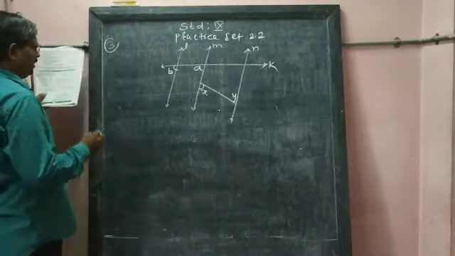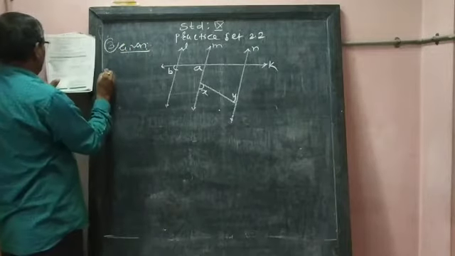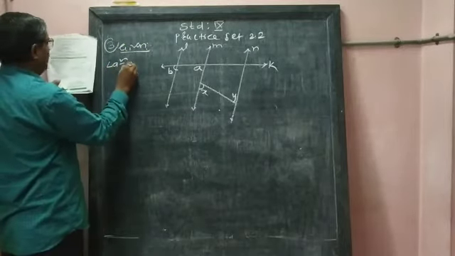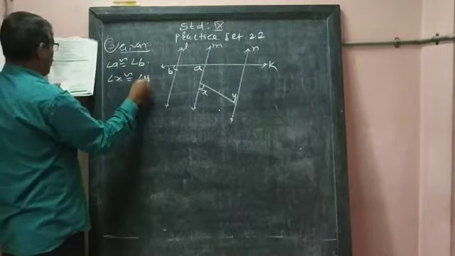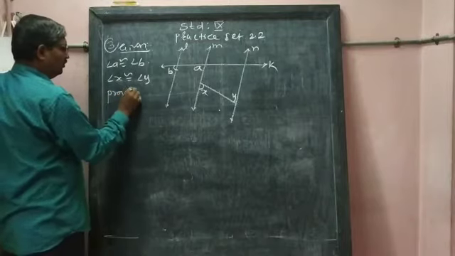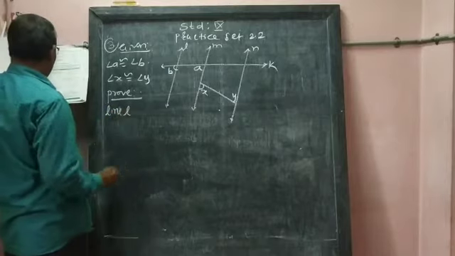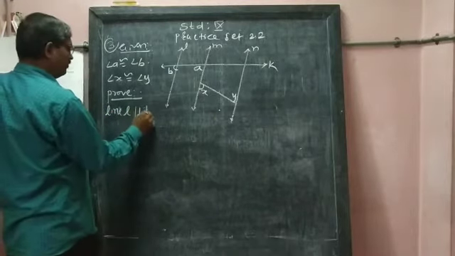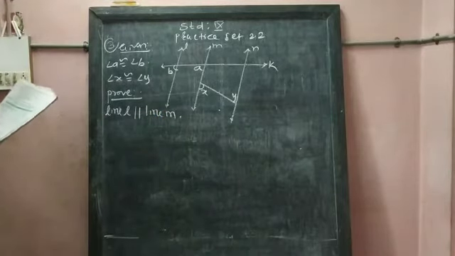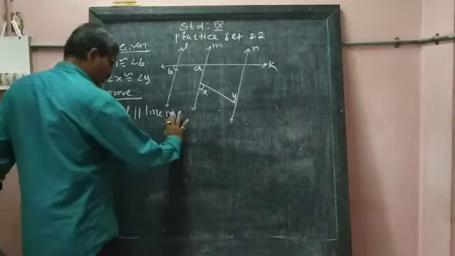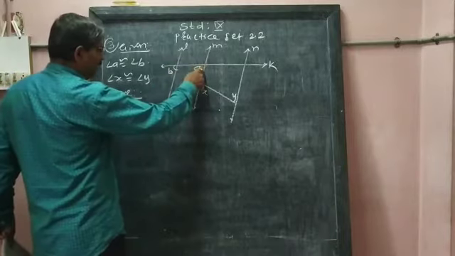Now we should write under given. What is given? Given angle A is congruent to angle B, and angle X is congruent to angle Y. Then prove line l is parallel to line m, and we should prove line l is parallel to line n.